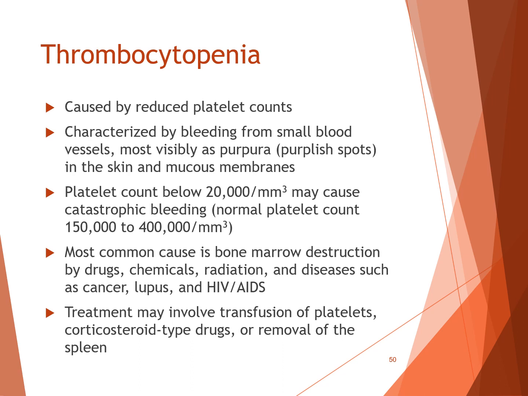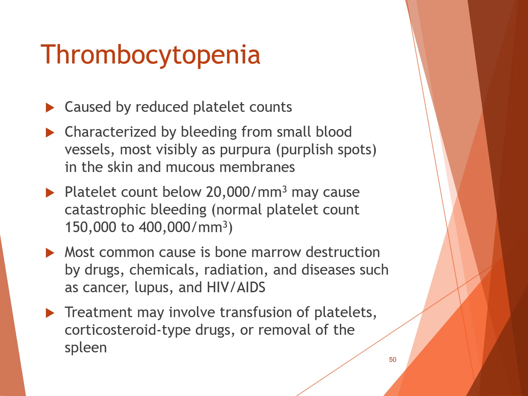Thrombocytopenia is another clotting disorder, and it's characterized by reduced platelet counts. And what we will see manifested in the patient as far as signs is these little purple spots that we call purpura.